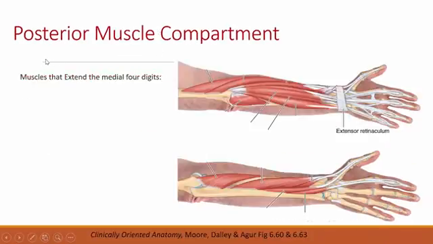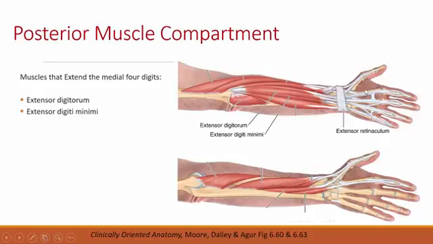Another muscle group that we can talk about is muscles that extend the medial four digits. So our medial four digits, our index down to our digiti minimi, not including the thumb. We have extensor digitorum and extensor digiti minimi, again coming from our common extensor origin, and our extensor digitorum running along underneath the extensor retinaculum, travelling all the way to insert onto our medial four digits.